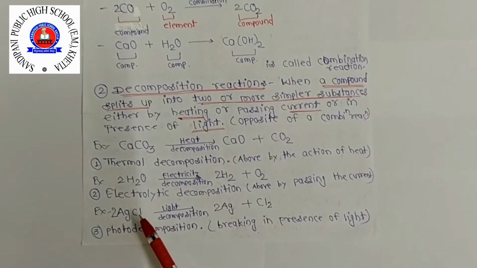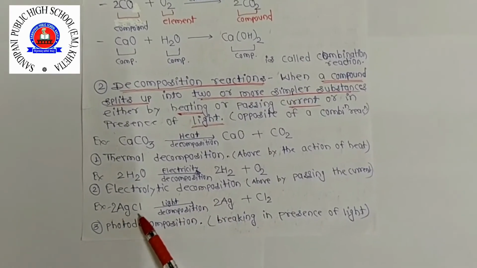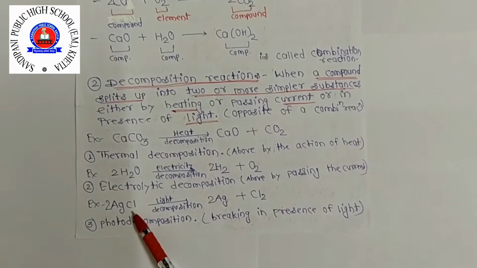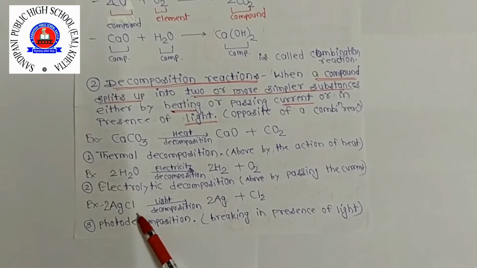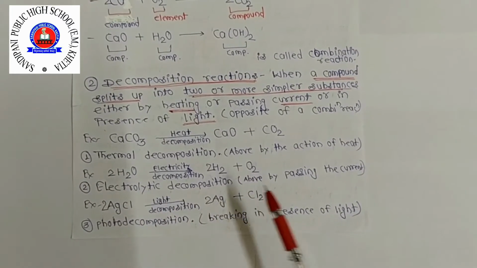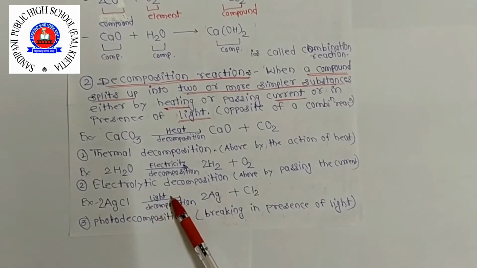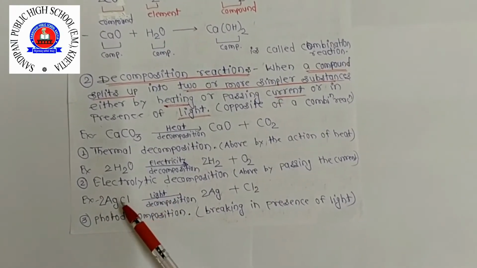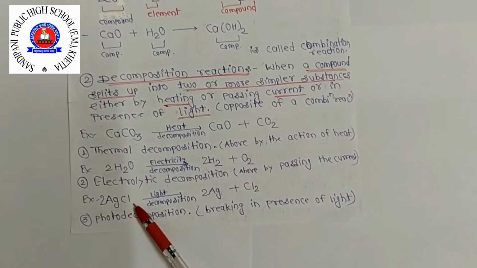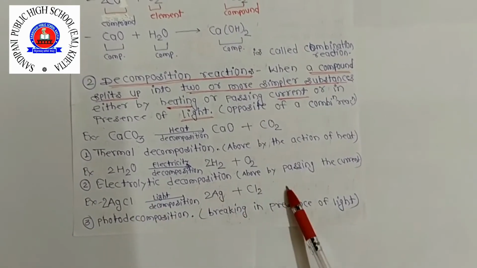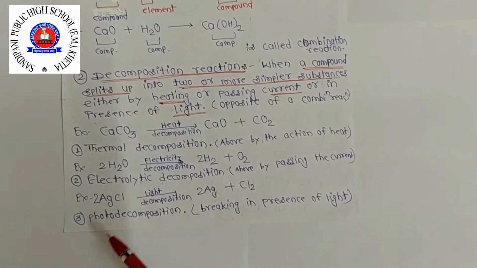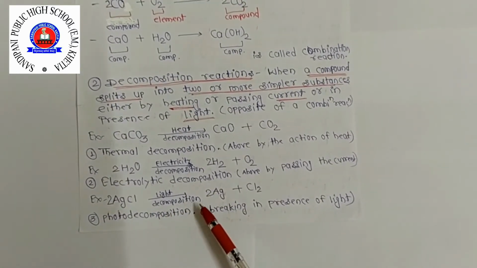Now next, when silver chloride is exposed to light, it decomposes into silver metal and chlorine. So this light is used to break down silver chloride and gives two substances. This kind of reaction is called the photo decomposition reaction.